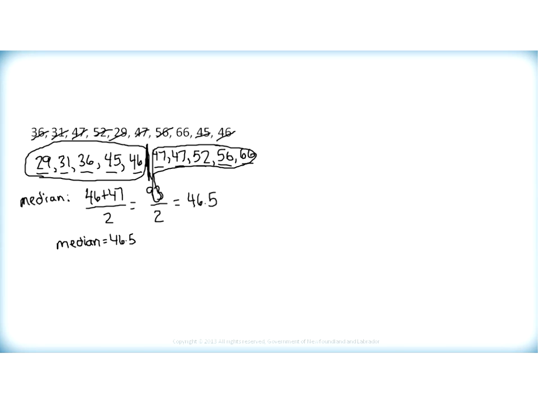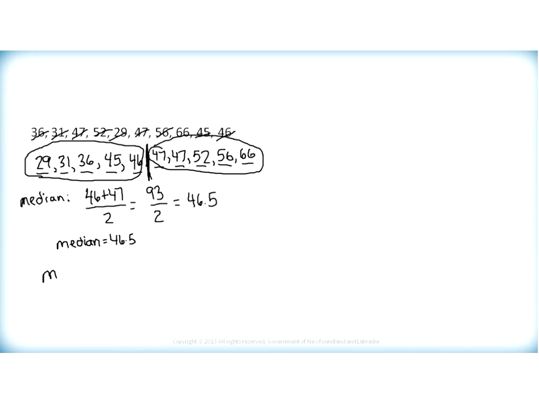So half of my data is less than 46.5, and half of it is greater than 46.5.